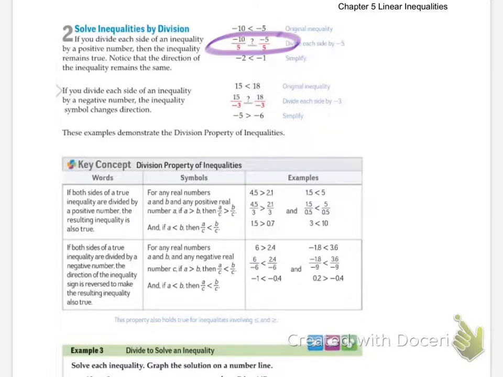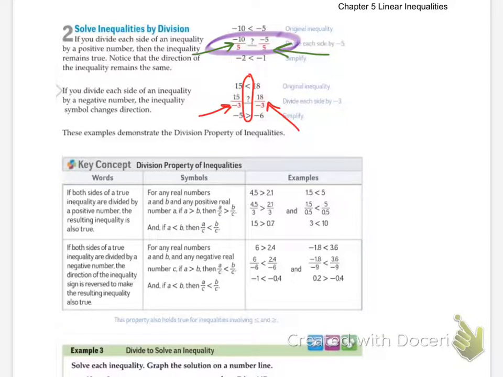Because we divided by a positive number, we are not going to change the sign. But in the second example, if we did 15 is less than 18, and we divide by -3, then because we are dividing by a negative, we need to flip that sign. Notice how we flip the sign because we need the statement to still be true: -5 is greater than -6.